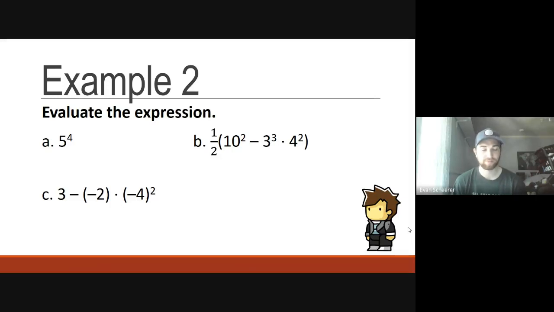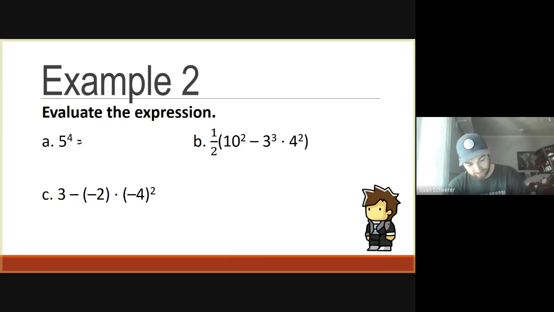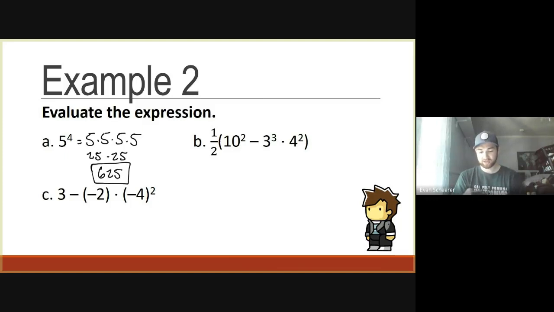We're going to get 5 times 5 times 5 times 5. Well, 5 times 5 is 25, right? 25 times 25 can give you your answer. So 25 times 25 is 625. That's your answer. And we could just check. I'm going to use my phone. 25 times 25, 625. Yep.